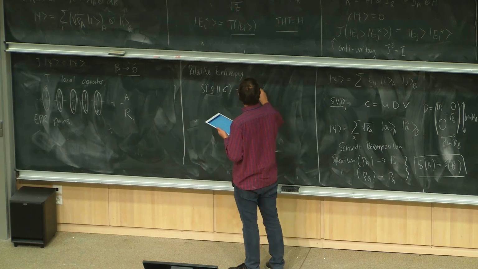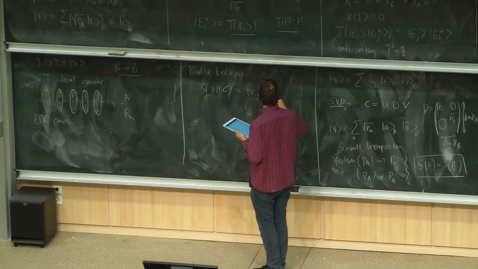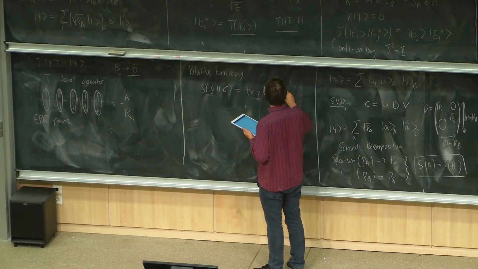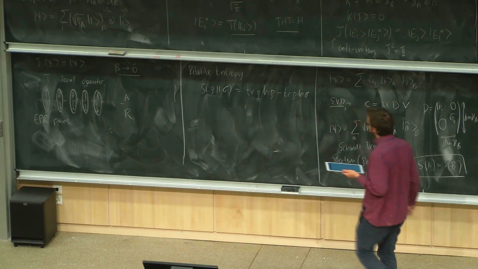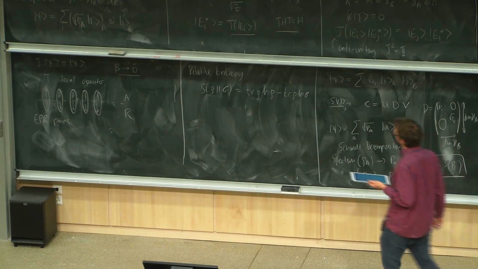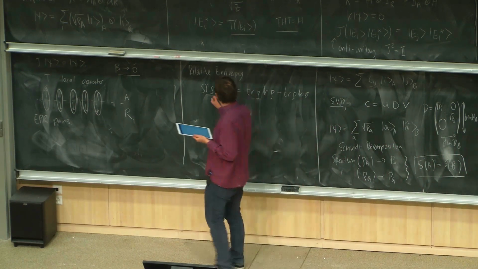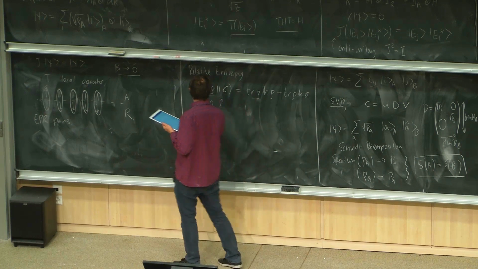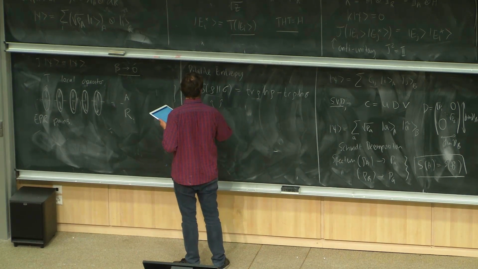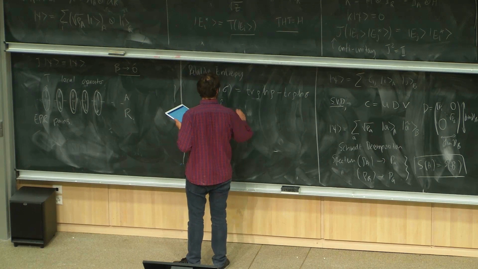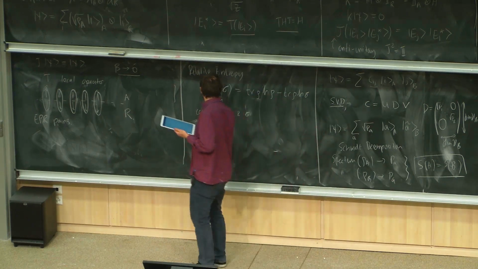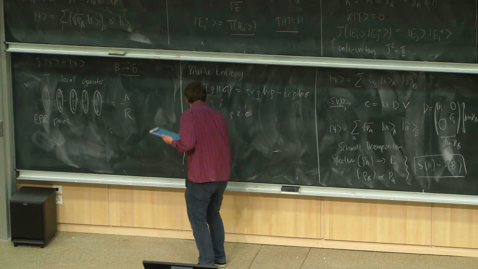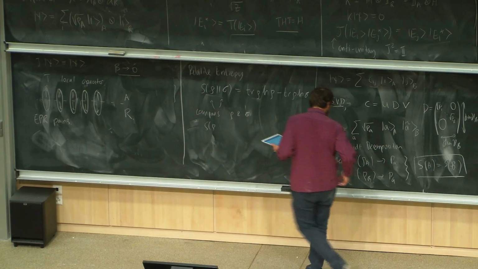It's defined as trace rho log rho minus trace rho log sigma. And its role in life is to compare two density matrices, rho and sigma.